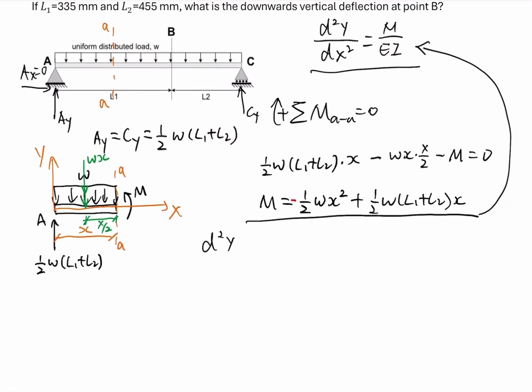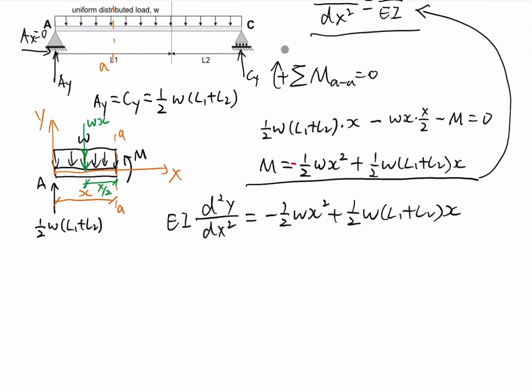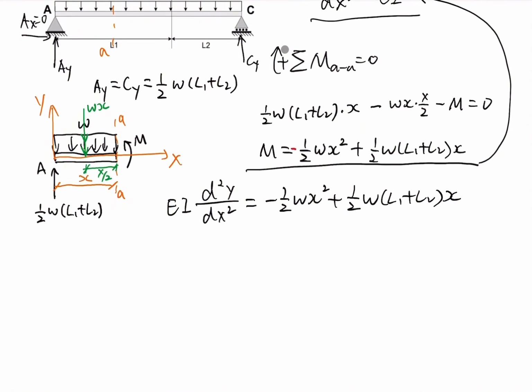d squared y over dx squared equals 1 over 2 W x squared. We move EI to the left hand side, so we put EI over here. Using the double integration method, first we apply the first integration on both sides of this equation.